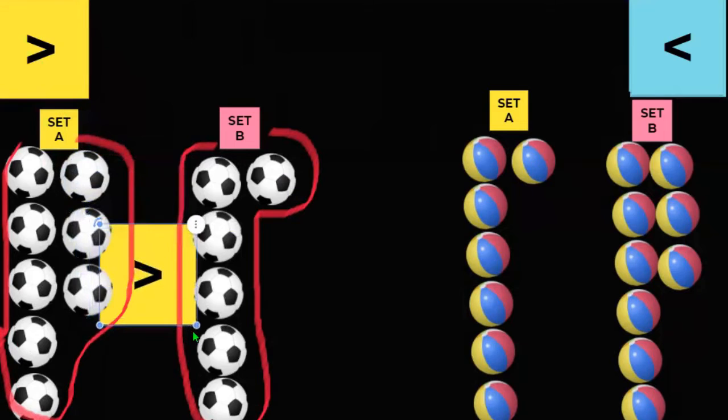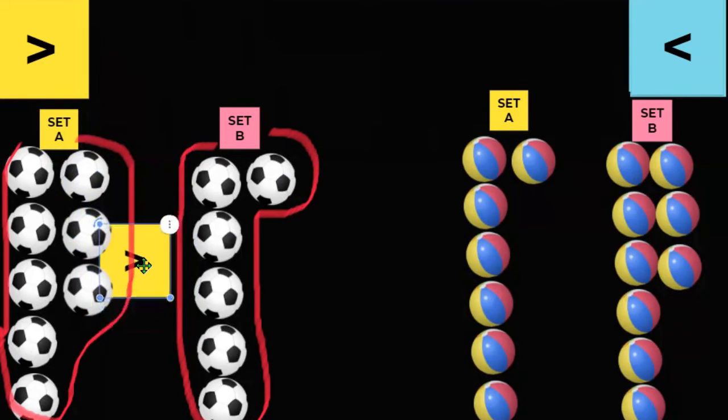Greater. So here we have a greater than sign. 8 is greater than 6. And usually when we use the greater than sign, it means that the first group is greater. And the sign is going to be pointing at the smaller group. Let's look at the other one.